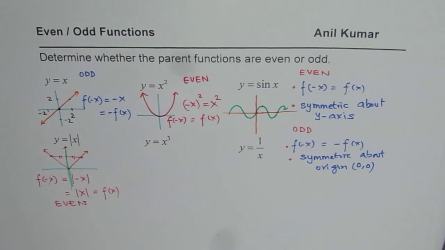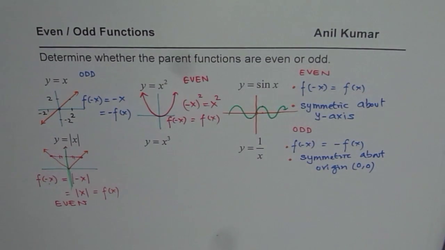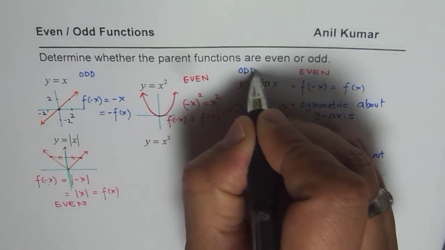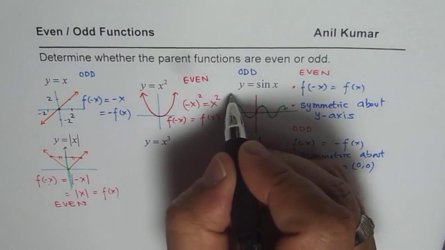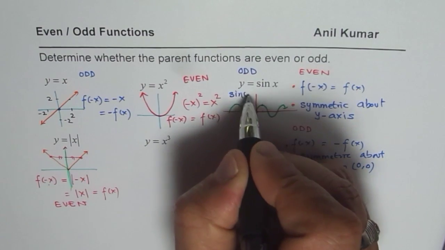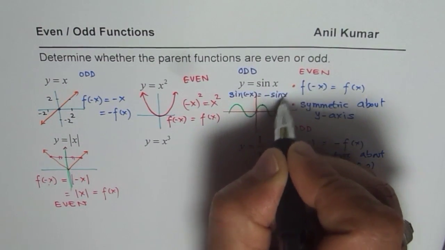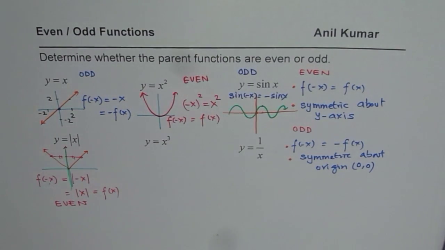Therefore we can summarize sine x as an odd function. Here what we notice is that sine of minus x is equal to minus of sine x, and that makes it odd.